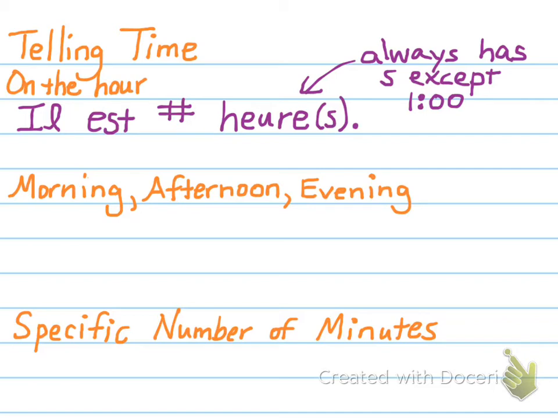So, s'il vous plaît, répétez, il est. Now, to specify morning, afternoon, or evening, right? Because 1 o'clock could be 1 in the afternoon or it could be 1 o'clock in the morning. So to specify that, in French, morning is du matin. So you would put that after you've said your whole time.